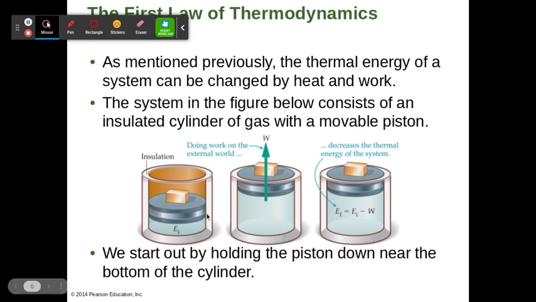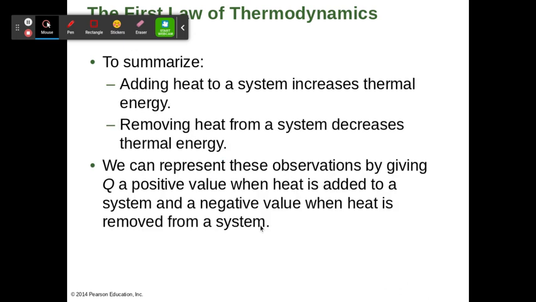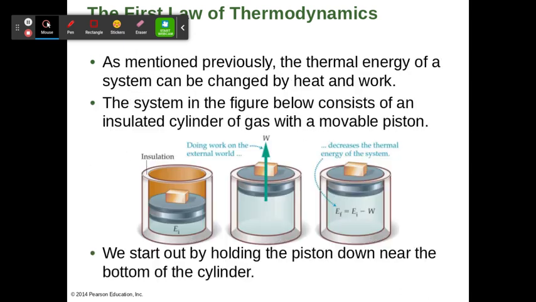Okay, so this is just an illustration basically showing how adding or removing heat can do work on a system. So you have a specific amount of energy here, and then if we increase that energy or we add heat, that's going to cause the piston to rise. And so that's going to cause the system to have work done on it.